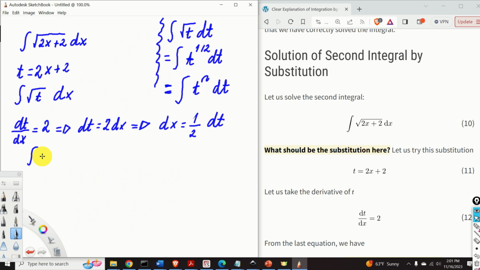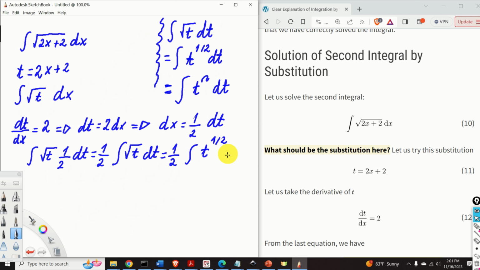As the result, we obtain square root of t, and instead of dx, we can write 1/2 dt. Since 1/2 is a constant, it goes out of the integral, and we have square root of t dt. This integral can be written as 1/2 integral of t to the power 1/2 dt.